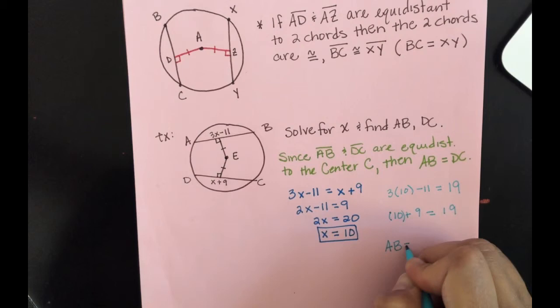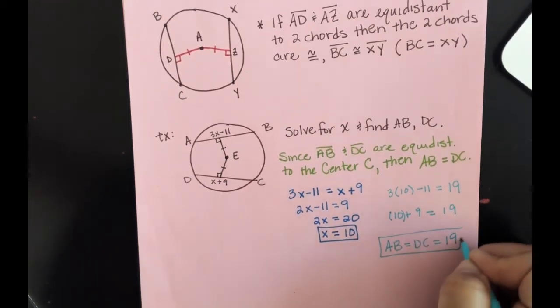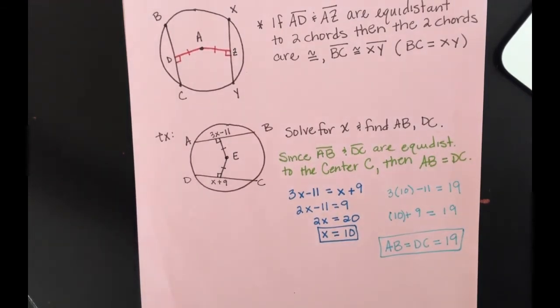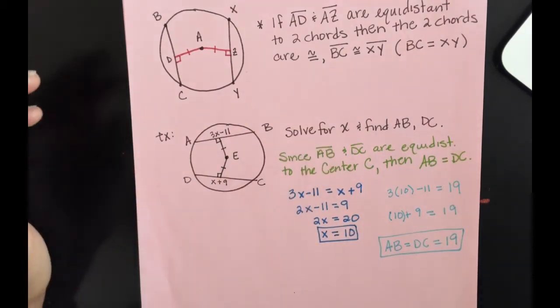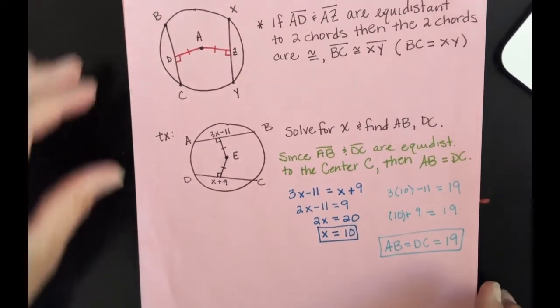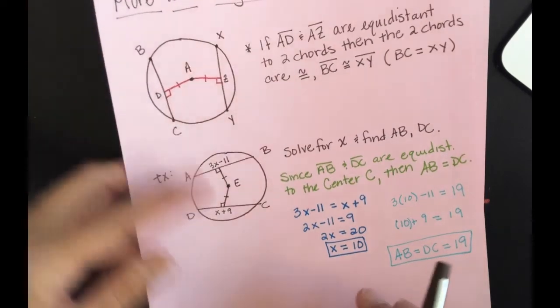So AB and DC would both be 19. So not a difficult concept. The issue that I always find with the circle chapter is it does require us to memorize quite a few concepts, and if we don't, then something as easy as just set them equal to each other does become more difficult. So then what we're going to look at is, again, we talked about more segments.